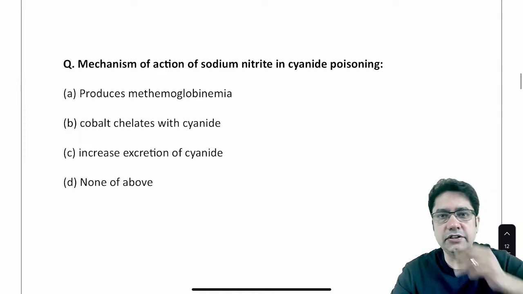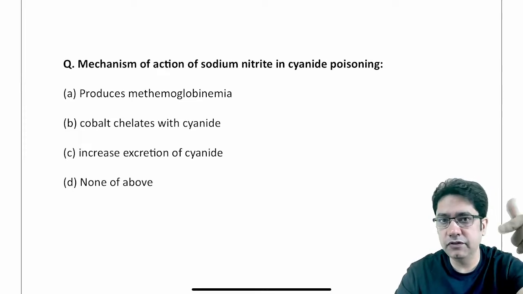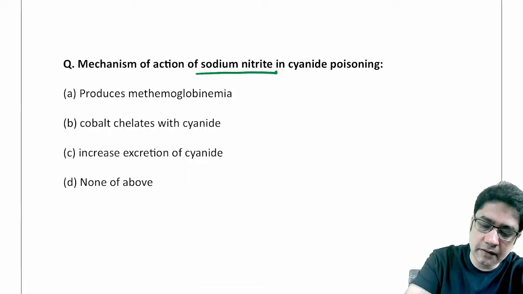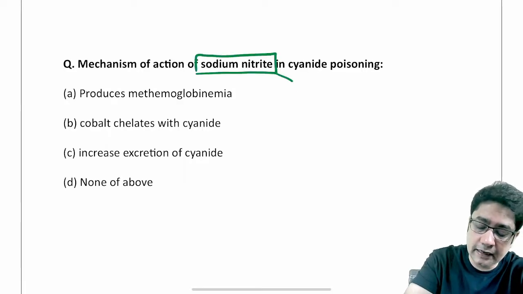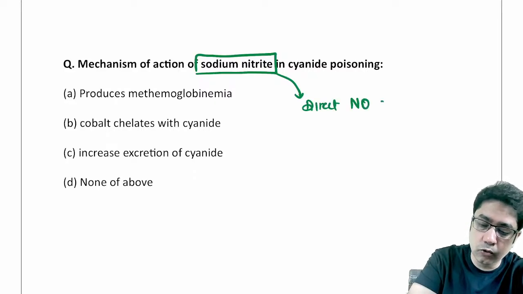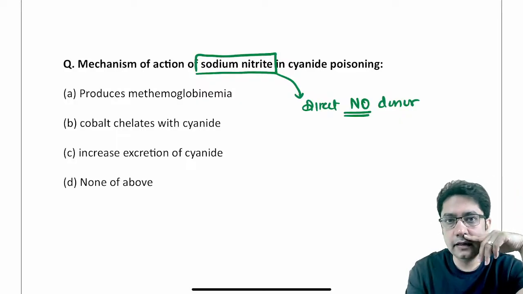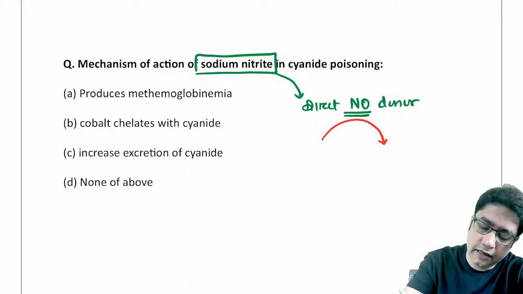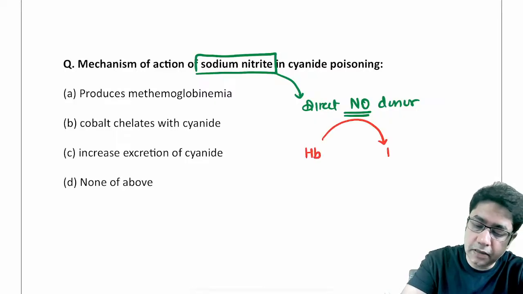So the mechanism of action of sodium nitrite, which we have just discussed in cyanide poisoning. So remember, sodium nitrite, nitrite word is coming. Nitrite means it is a direct nitric oxide donor. It donates which molecule? Nitric oxide. This nitric oxide converts hemoglobin into methemoglobin.